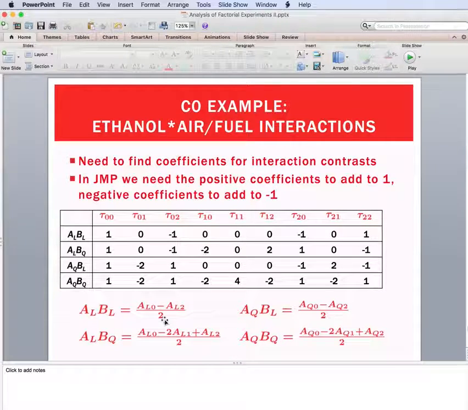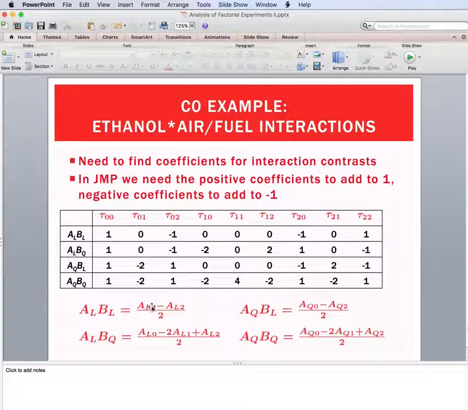We're going to have to temporarily ignore the 1/2 or the division by 2 because of how JMP requires the coefficients add up to 1 and minus 1. So I'm just going to look at the numerators of these 4 expressions in terms of the tau parameters and then make sure those coefficients add up.